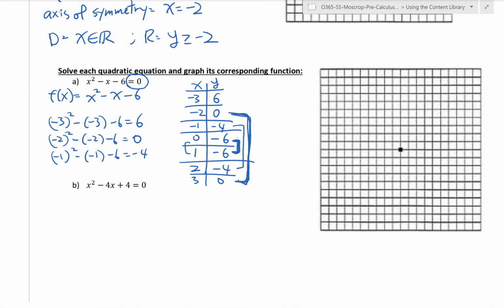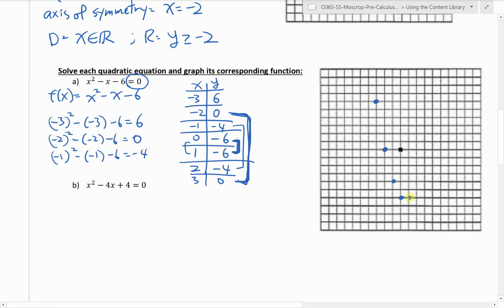Okay, so let's graph this. -3, 6. Again, this black dot right here in the middle is the origin. So 1, 2, 3, 1, 2, 3, 4, 5, 6. Here's my first x coordinate, -2, 0, -1, 1, 2, 3, 4, 0, -6, 1, -6. The vertex is going to be somewhere here.